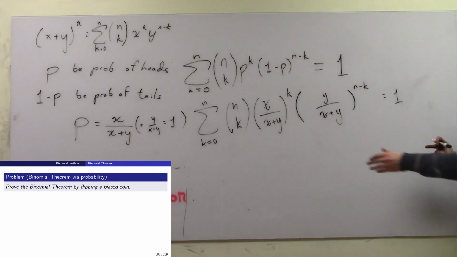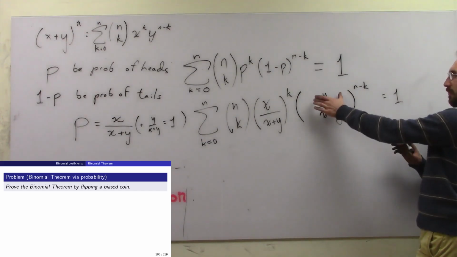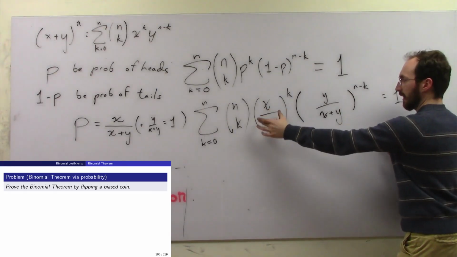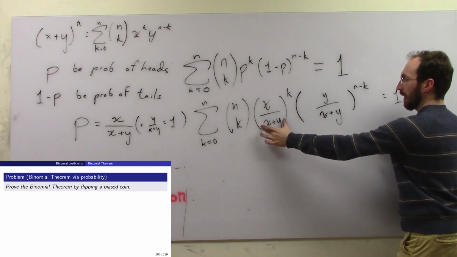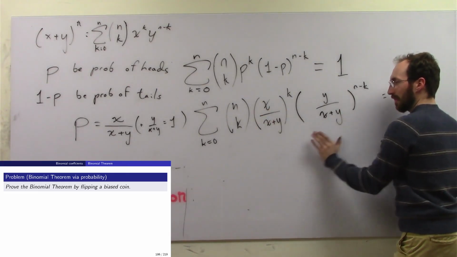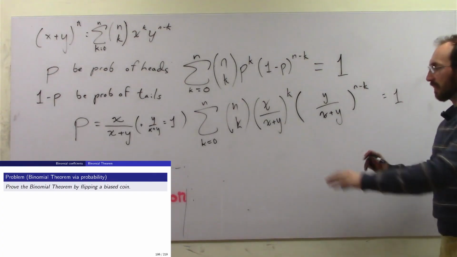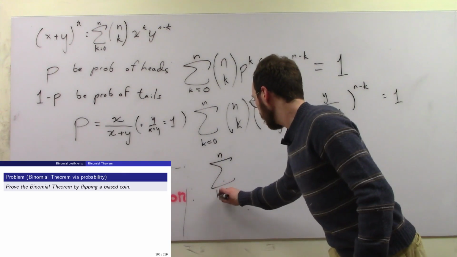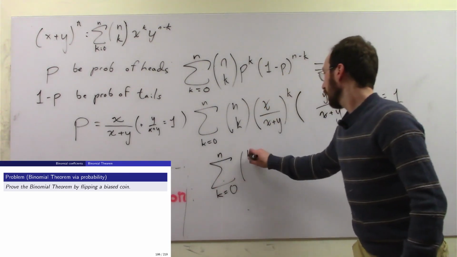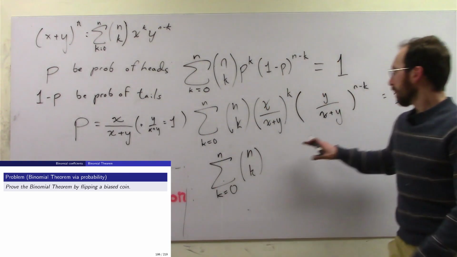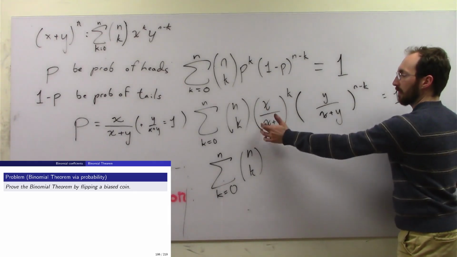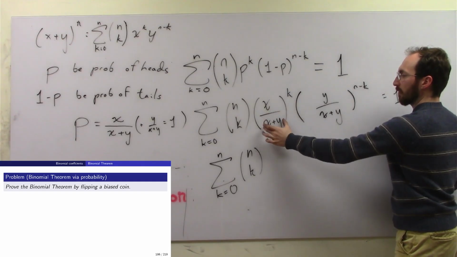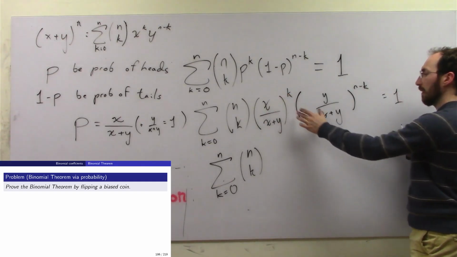So this has y divided by x plus y, and we have x divided by x plus y. I'm just going to distribute this x plus y business out of here and see what we end up with. The x is divided by x plus y, and there's k of them, so we get x plus y to the k from here.